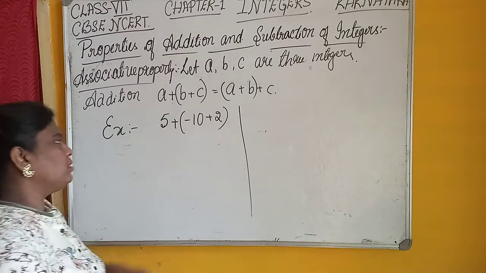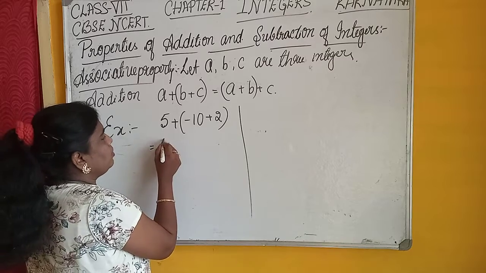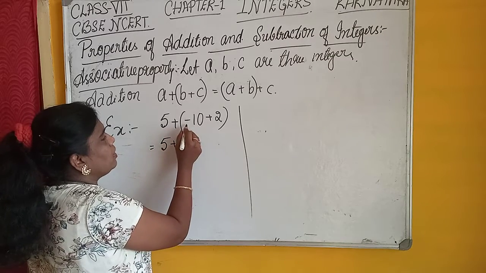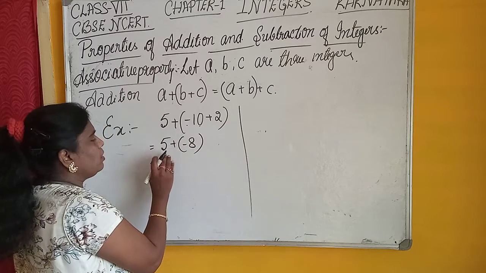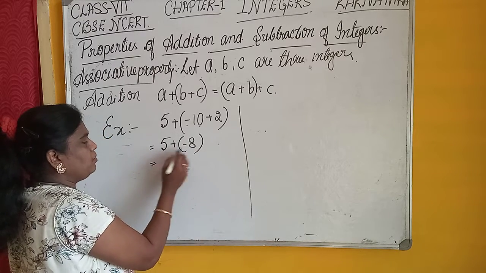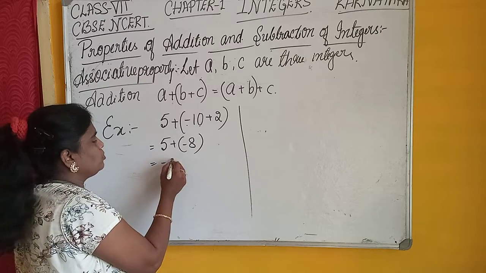Let us solve for this. 5 plus of (minus 10 plus 2) is 5 plus minus 8, that is 5 minus 8, which is equal to minus 3.